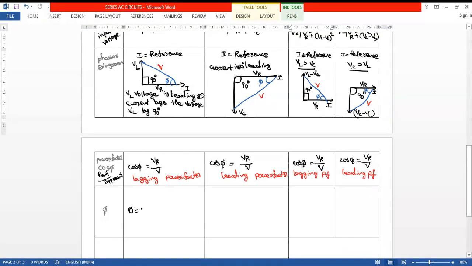Phi is equal to tan inverse of, tan phi is equal to sin by cos. Here sin means VL by VR. Similarly here phi is equal to tan inverse of VC by VR.